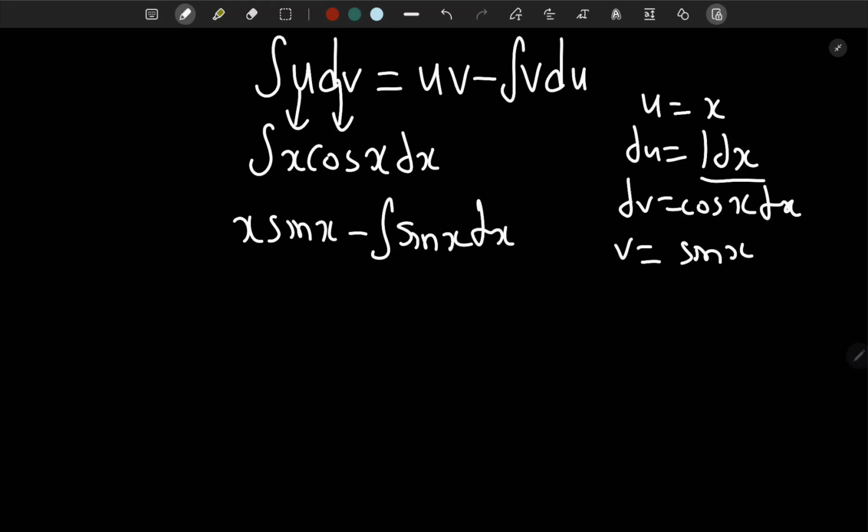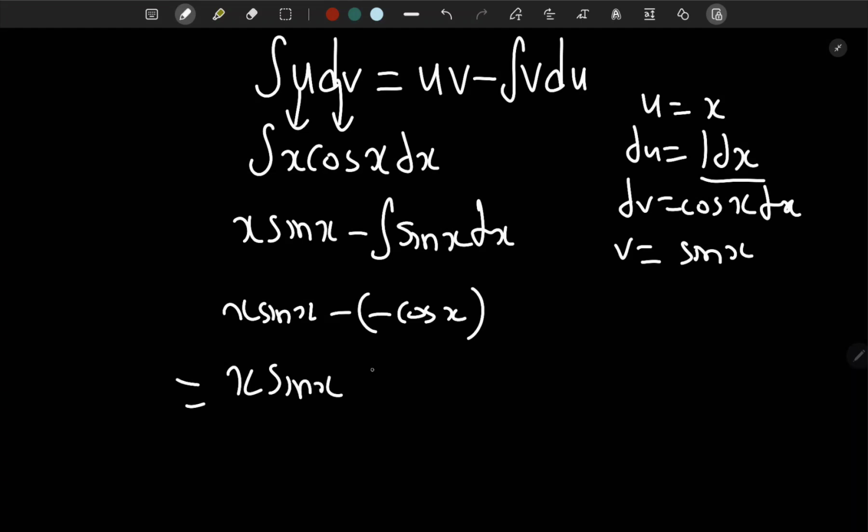So dx. Now the integration of sine x is minus cosine x. So minus cosine x, and simplified, the final answer will be x sine x plus cosine x plus the constant c, and this is the final answer.